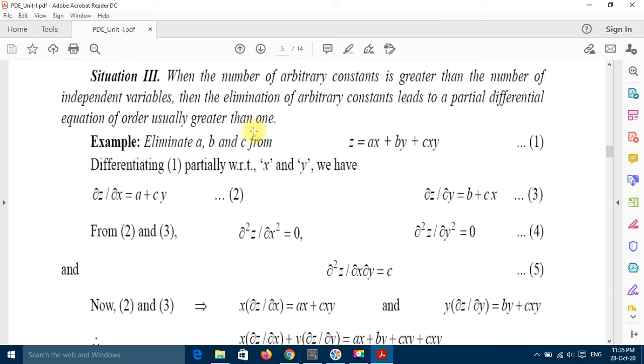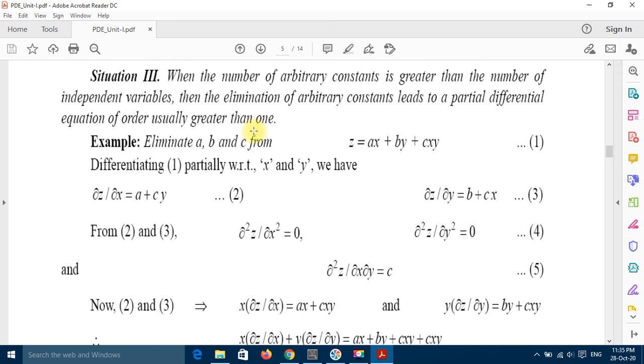If a function contains more arbitrary constants than independent variables, then the order of the corresponding partial differential equation is greater than 1.